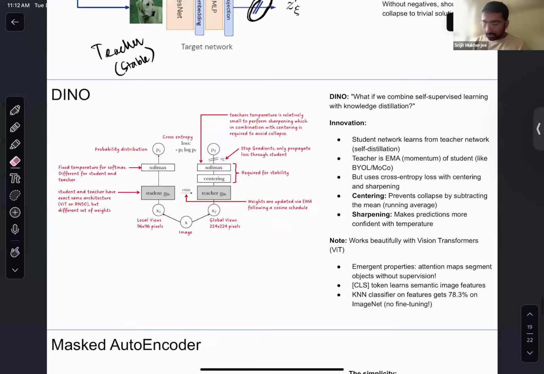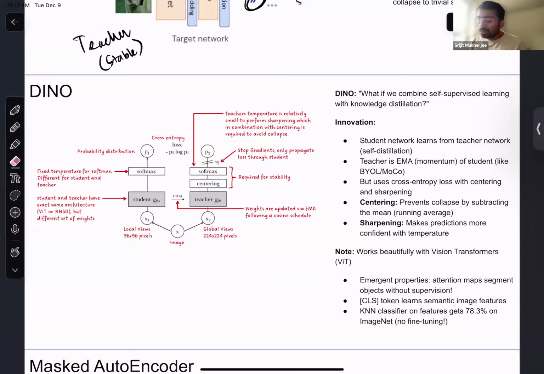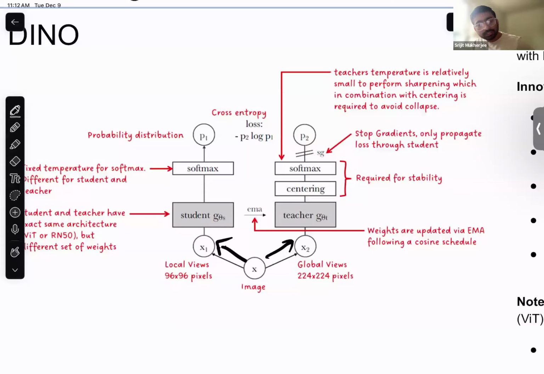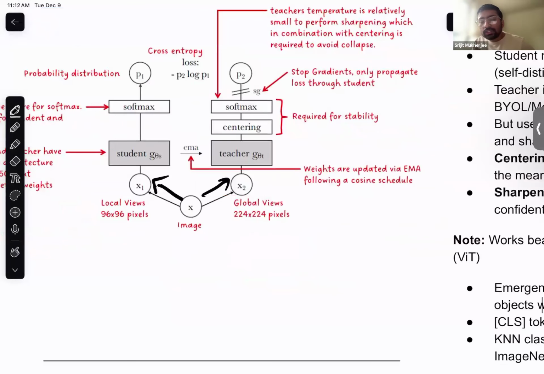So let's understand what DINO is doing. In DINO, we have this image, and what they're trying to do is understand these global and local views. These are two augmentations that they take, the local and the global view. And this is the student network and the teacher network. So everything is the same, but what is it doing?